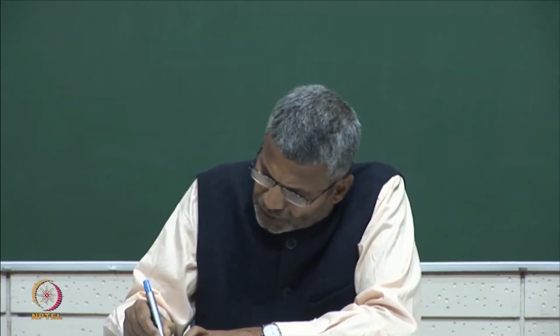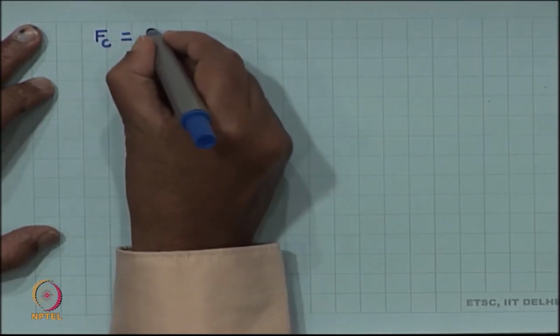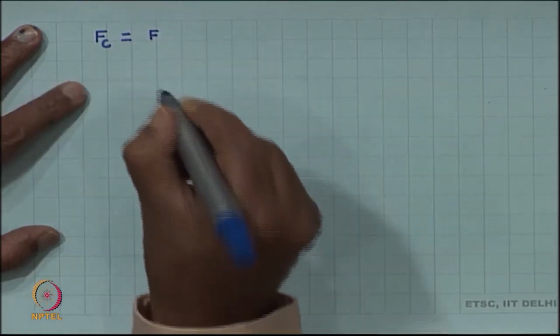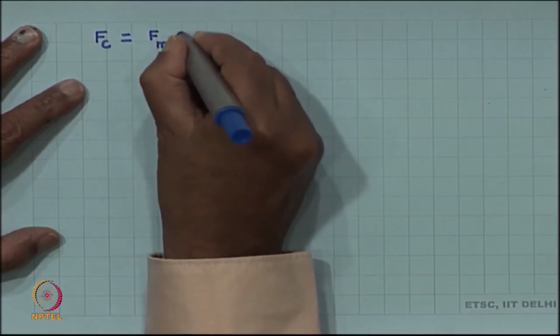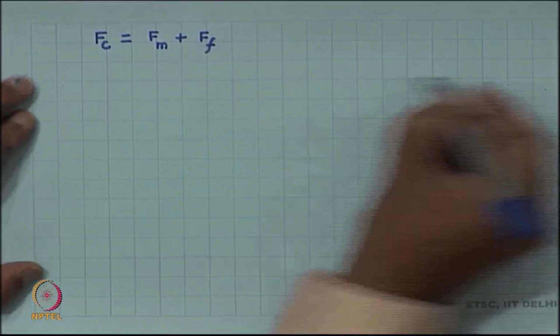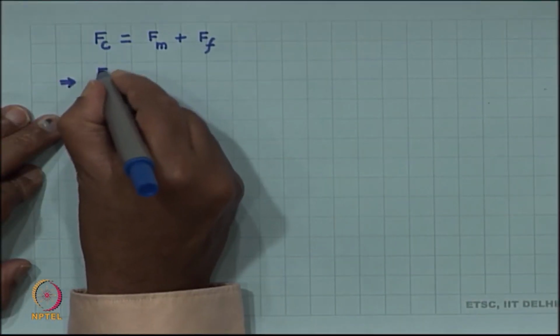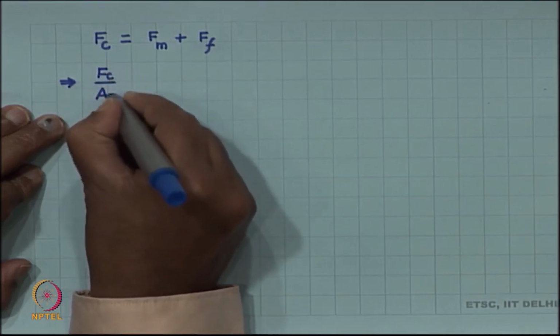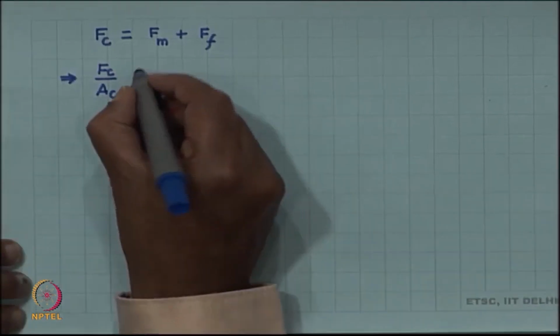For this isostrain loading, let us begin with the force. We saw that the force on the composite was the sum of the force acting on the matrix cross section and on the fiber cross section. Now, since we are interested in stress, we will divide it by the composite cross section, Fc by Ac. Ac is the entire cross section on which the force Fc is acting.